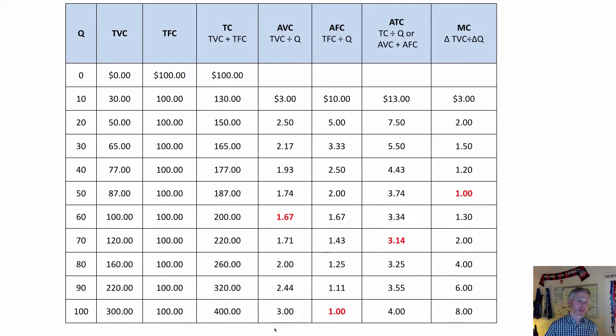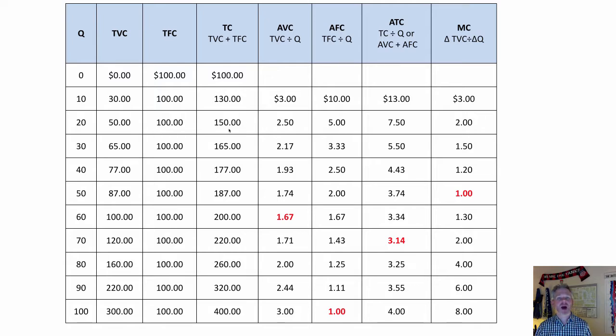So notice we're always just adding the total variable cost to that same total fixed cost to get the total cost. What is average variable cost? Well, you take your total variable cost and you divide it by the quantity. So 0 divided by 0 doesn't exist. 30 divided by 10 is $3. So our average variable cost of producing 10 is $3. What's our average variable cost of producing 20? Well, our total variable cost is 50.